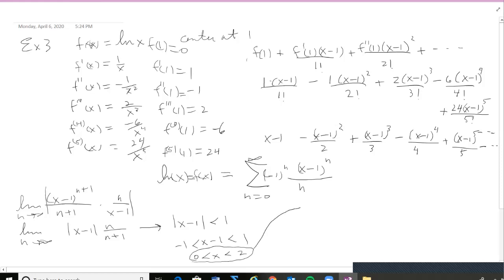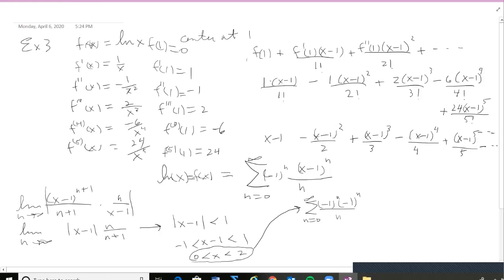Now what happens at 0? Well, you can see based on our series, at 0, you would have negative 1 to the n, and you have a negative 1 to the n over n.